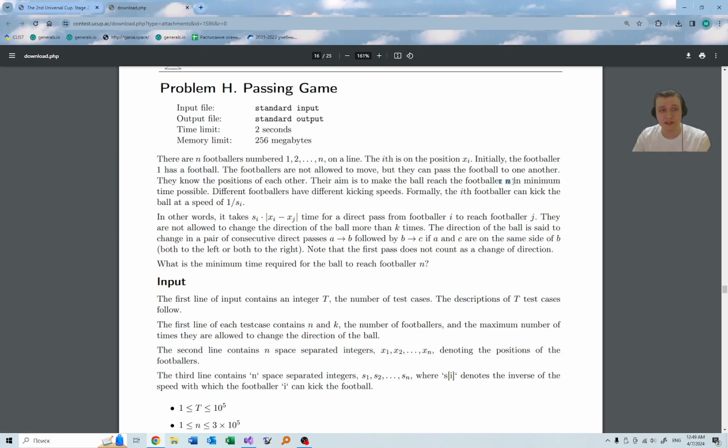Each person has a maximum speed of a kick, and they can kick a football with this speed. And the aim is to pass the ball to the nth person in minimum possible time.